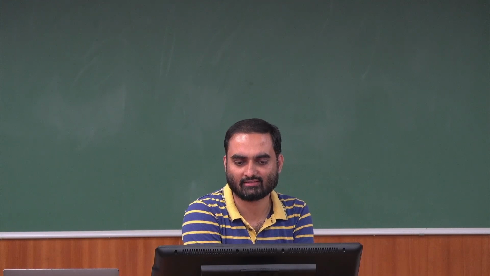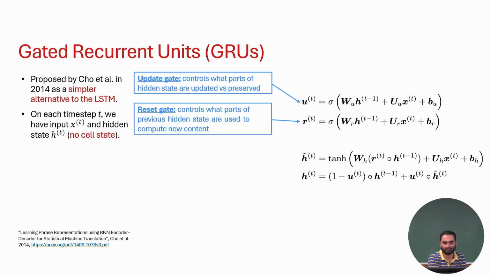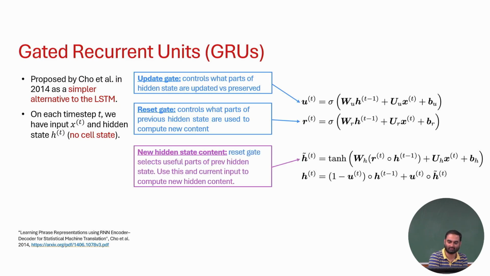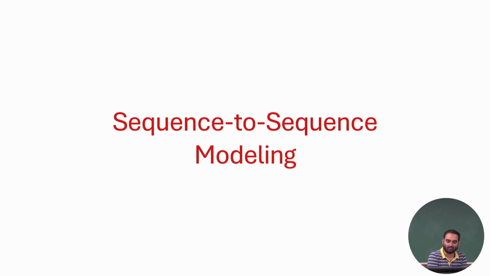GRU was just an extension of LSTM, where instead of using 3 gates, we use 2 gates, and we don't have an explicit concept of cell state here. Hidden state basically acts as a cell state. So now we will see how we can use RNN, right? RNN can be LSTM, can be GRU. How we can use RNN for a sequence to sequence problem.